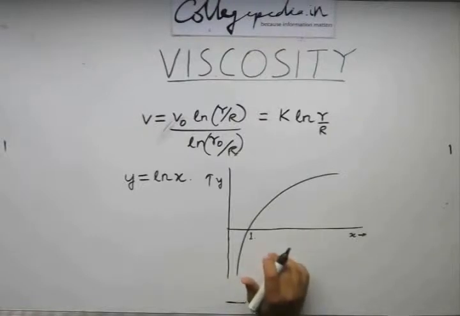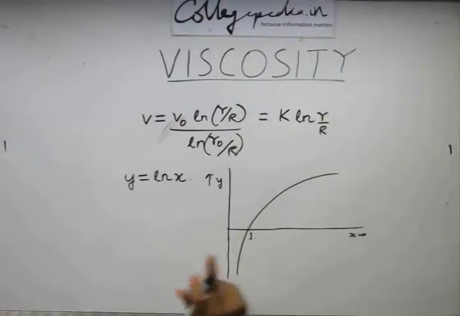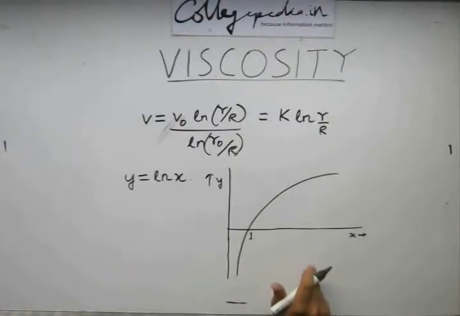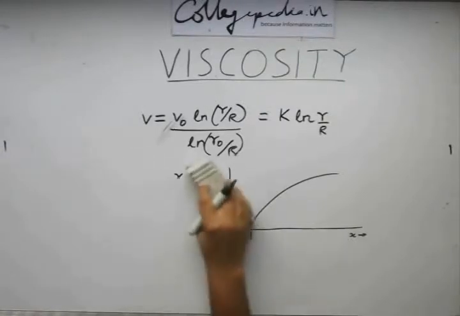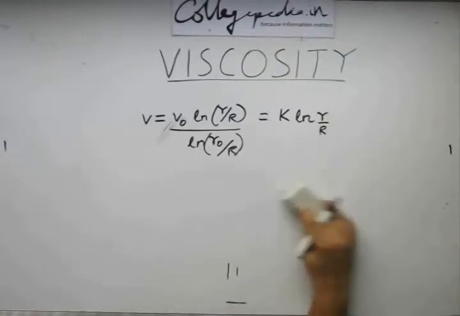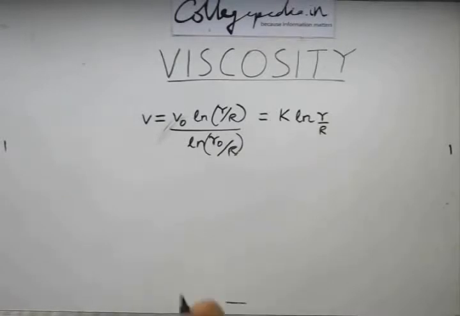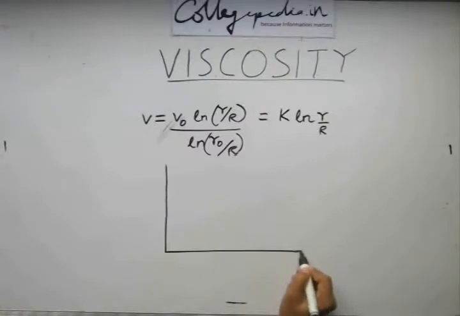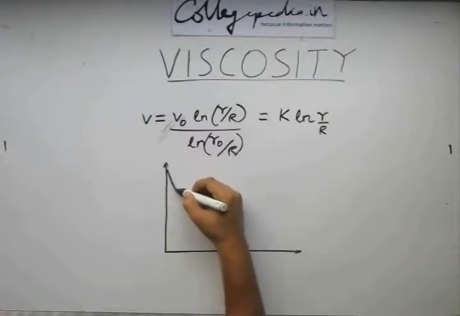Here what is happening, the radius keeps on increasing from r0 to capital R. So if we plot a diagram between R and V, what we are really going to get is something like this.